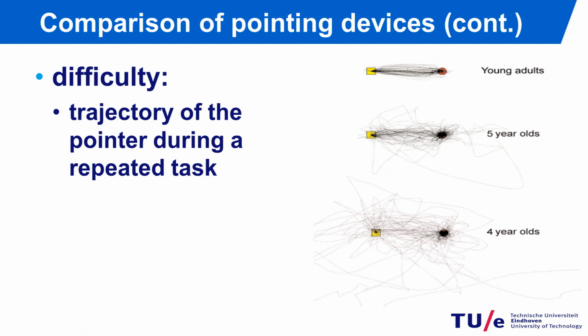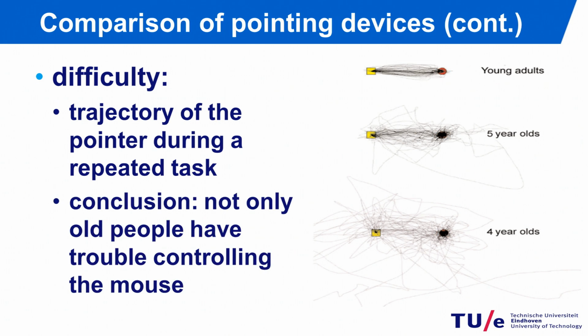Just 1 year onwards, it gets already a lot better, and young adults can do it quite precisely. So it's not just old people that have trouble controlling a mouse precisely. You don't need to suffer from Parkinson's disease. Young people still have to learn to move their hand exactly where they want it to go.